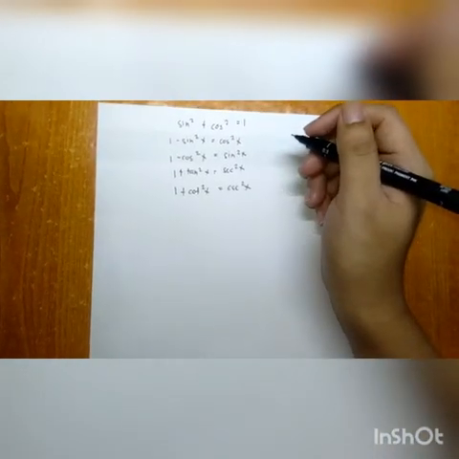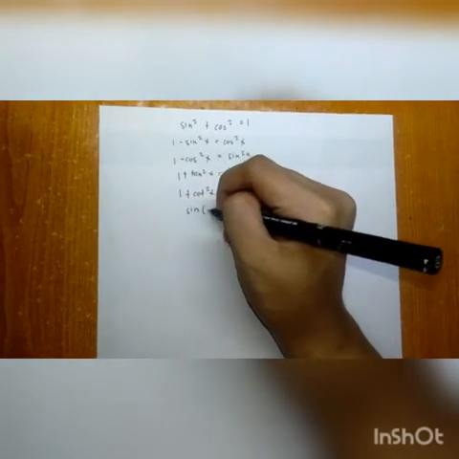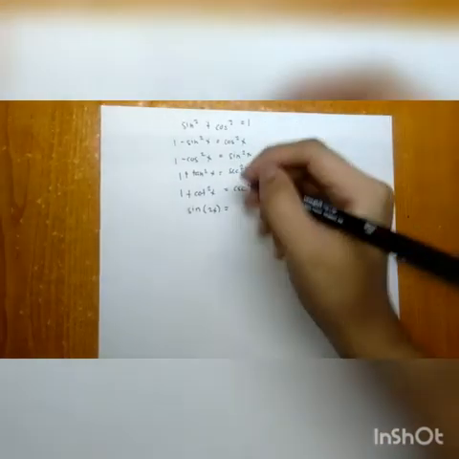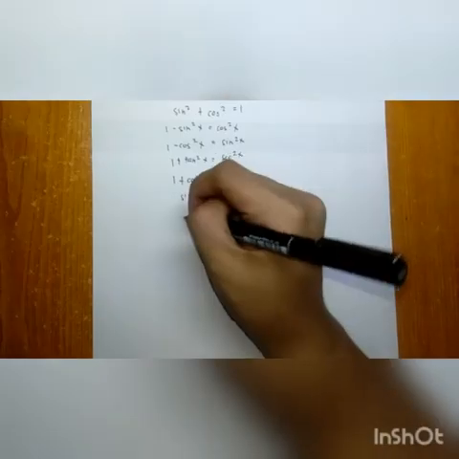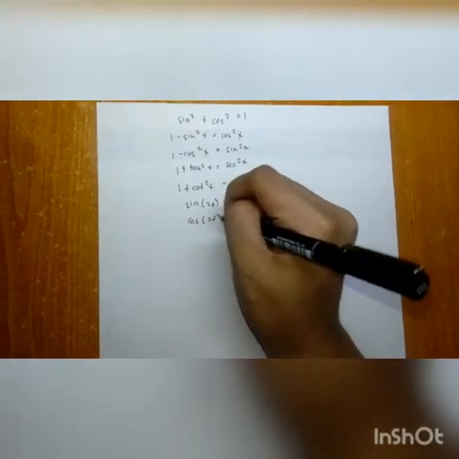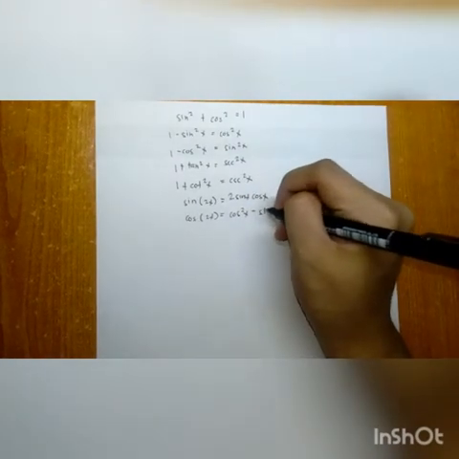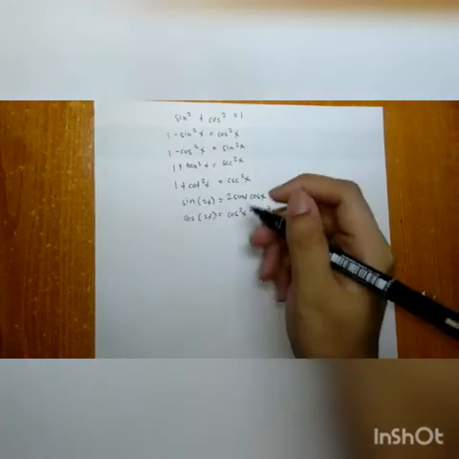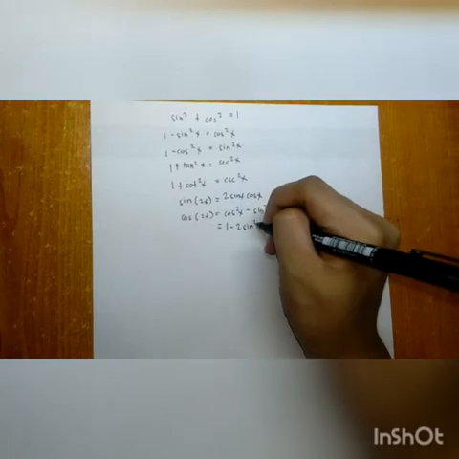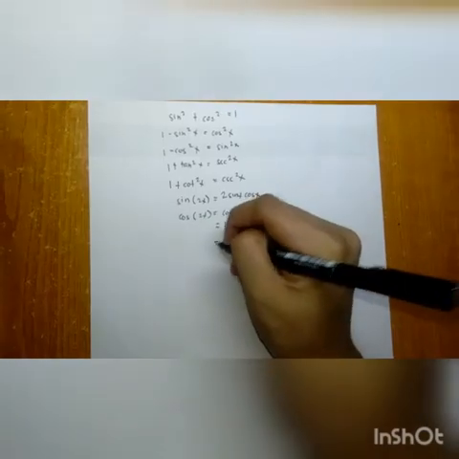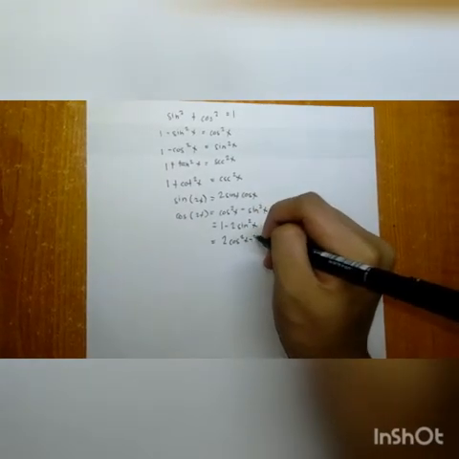Now, we also need to know some double angle identities, like sine of 2x is equal to 2 sine x cosine x, and cosine of 2x is equal to cosine squared x minus sine squared x. This can also be equal to 1 minus 2 sine squared x and 2 cosine squared x minus 1.